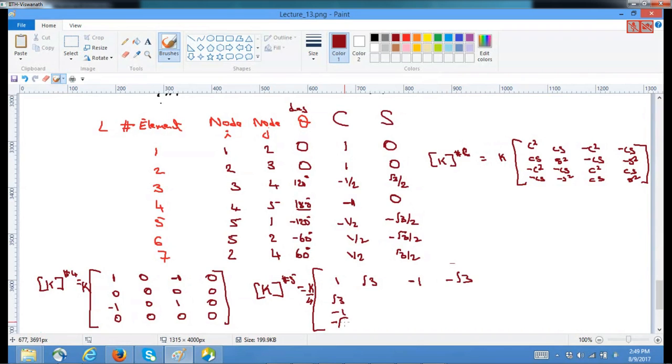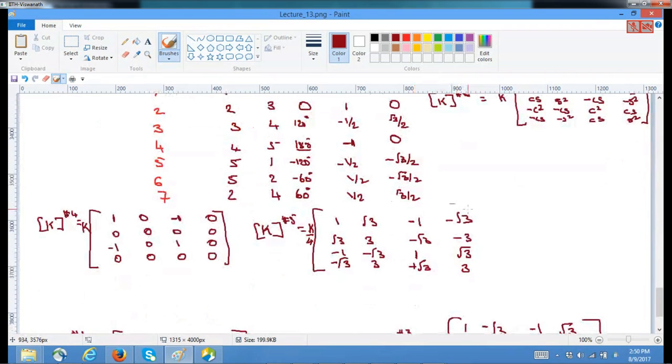Similarly S square: minus root 3 into minus root 3 would be positive, so this would become minus root 3 and minus 3. By symmetry, if this is minus 1, this would be plus 1 and this would be plus root 3, and if this is 1 and minus 1, this would be root 3. This would be the k for the fifth element.